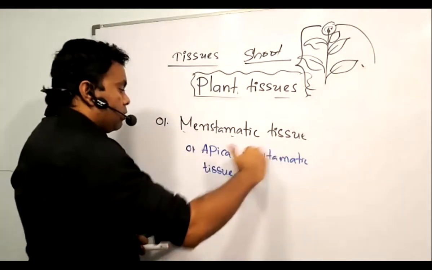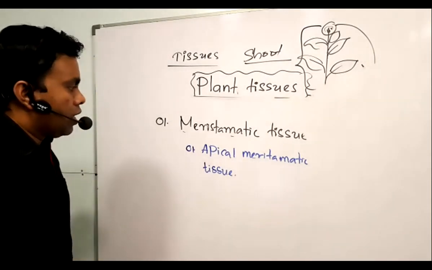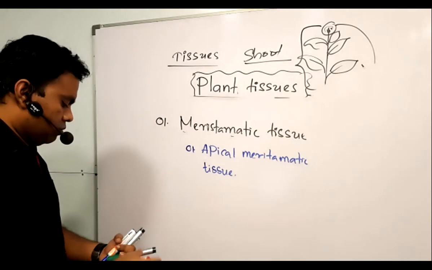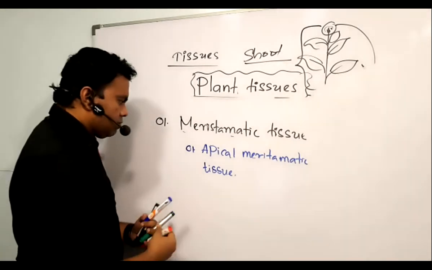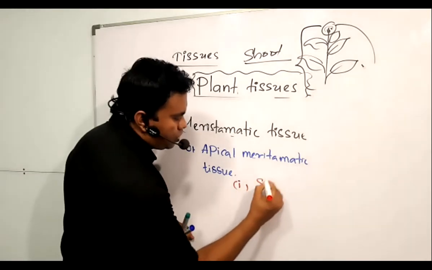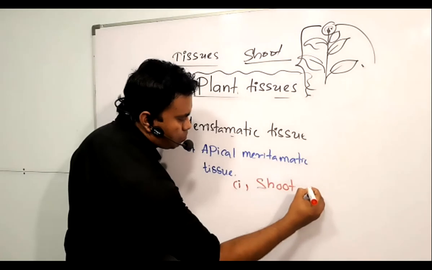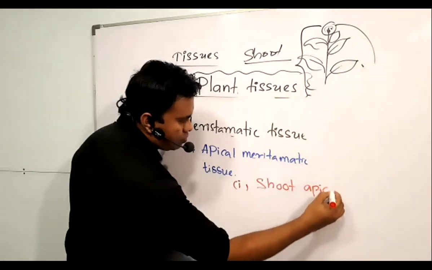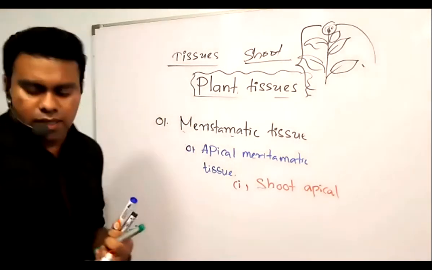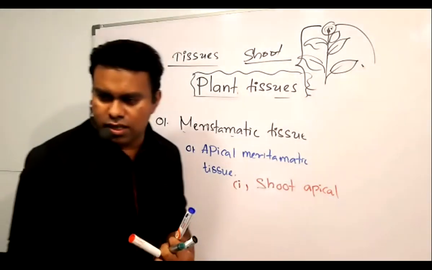Okay, meristematic tissue. First one, apical meristematic tissue. That's of two types. Shoot apical meristematic tissue. The white color is not clear. No?